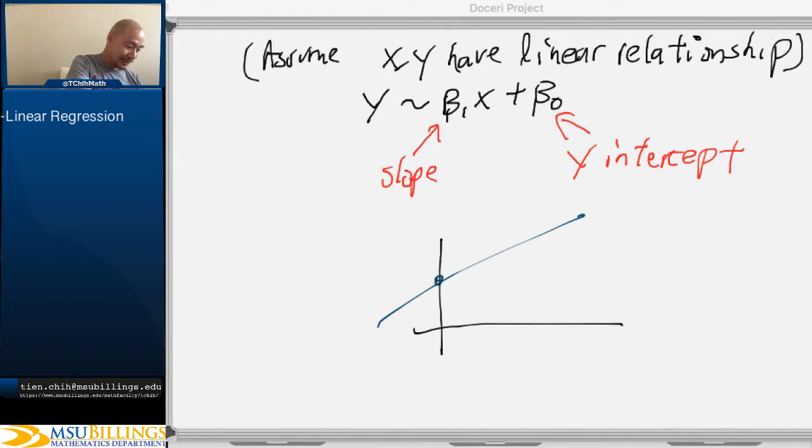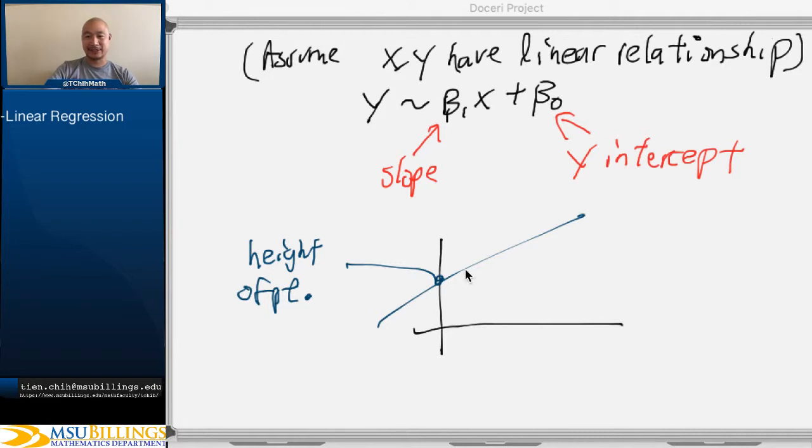The y-intercept is the height here. So basically when x is 0, then all you get is beta naught. So we can specifically call this point what it is, 0, beta naught. And then beta 1 is the slope. So the slope is however far up or down you go per unit you go forward.